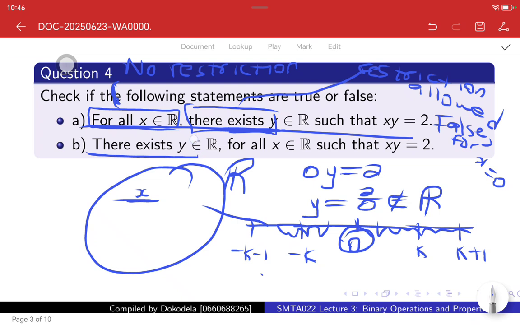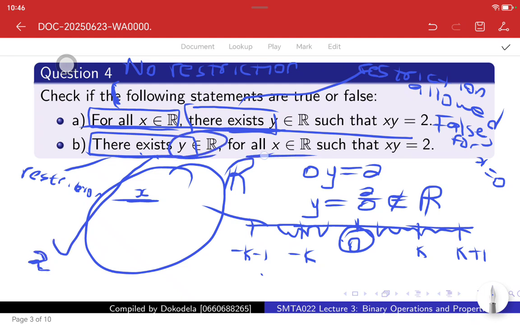Now, when I come here, this one, they say restriction is allowed because it started with there exists. So when it starts with there exists, in other words, you're going to restrict yourself. Here, let's say I take 2 from R, and these ones are going to come randomly.